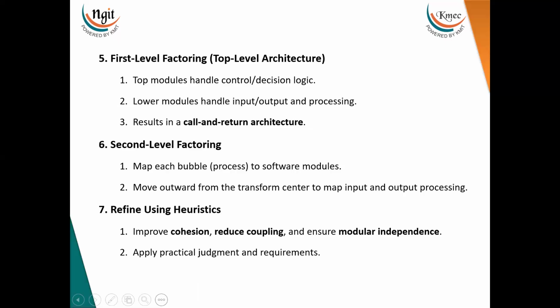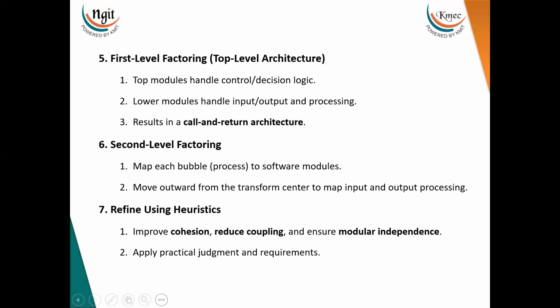We also call this the top level architecture, where factoring will result in a program structure in which the top level components perform decision making and low level components perform input, computation and output work, whereas the middle level components will perform some control and do moderate amounts of work. Then in the next step, we perform the second level factoring.